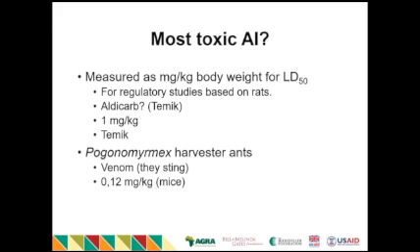But if one compares this to natural, call them poisons, not pesticides, one can compare it to something like Pogonomyrmex harvester ants that are found in the United States. They sting just like bees and wasps and so on. And their venom has an LD50 of 0.12 milligrams per kilogram when tested in mice.